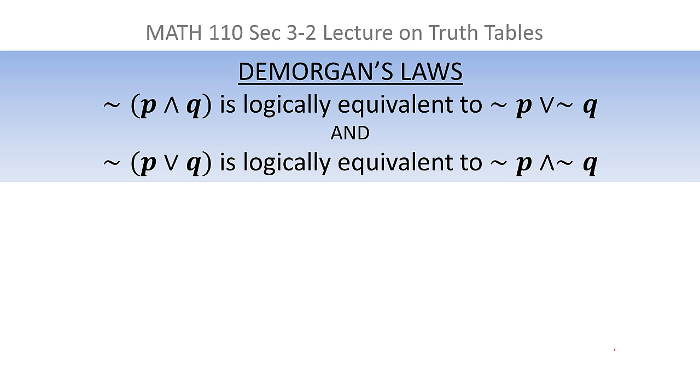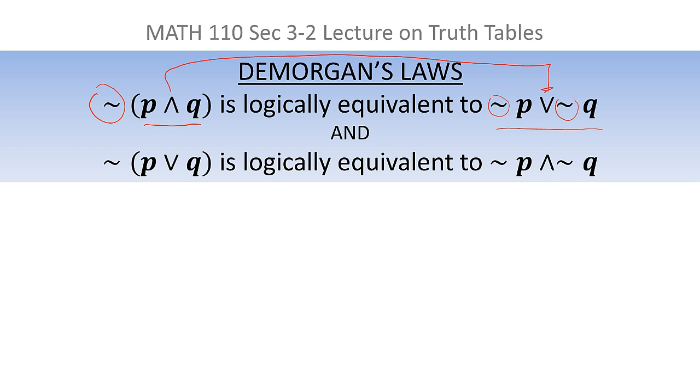These are easily provable. In fact, we really just proved one of them in that last equivalence, but beyond that I won't go into a proof of these, but we will use them. The first of deMorgan's laws tells you how to take the negation of an and. So if you have an and you want to negate it, deMorgan's law says that's equivalent to the and changes to an or, and the negation shows up in both places.